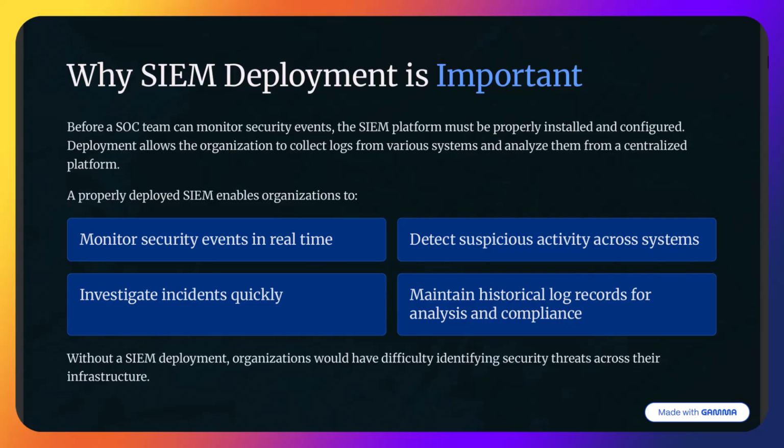Now, what is a centralized platform? A centralized platform means that instead of checking many different systems separately, analysts can view all security events from one single dashboard or interface.